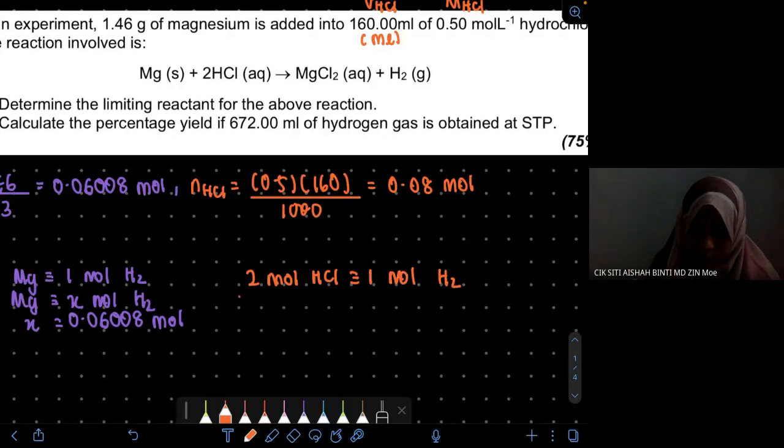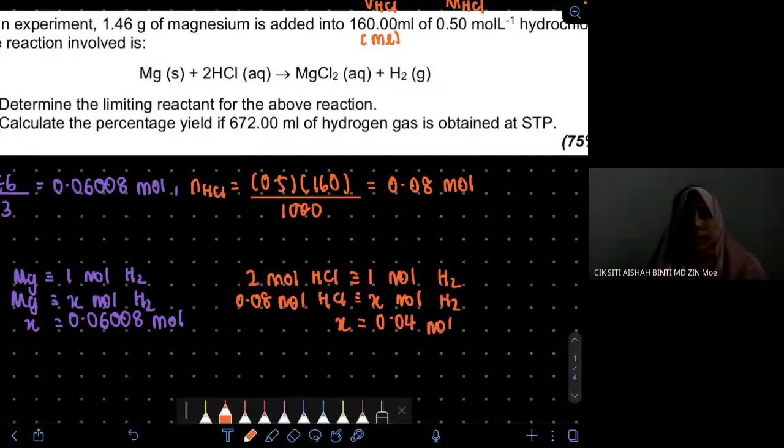So here when we get 0.08 mole, so this is X mole H2. Okay, so X we will get 0.04.